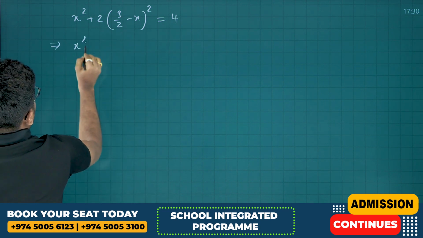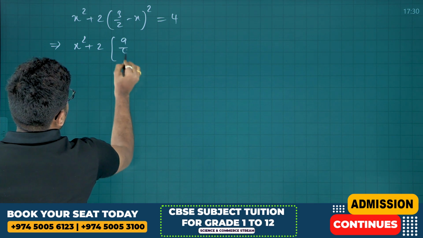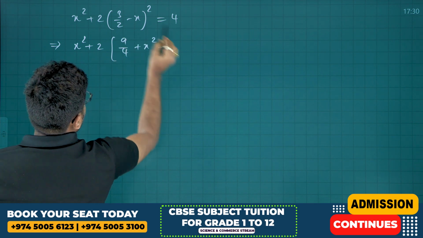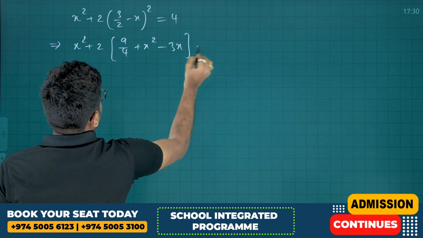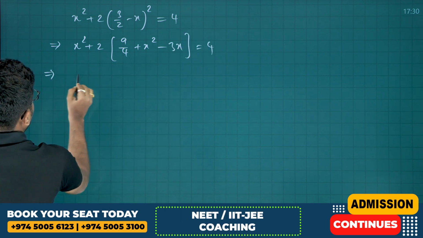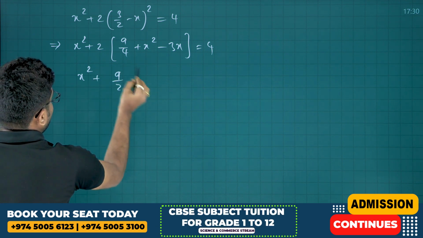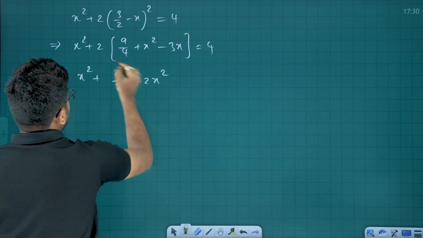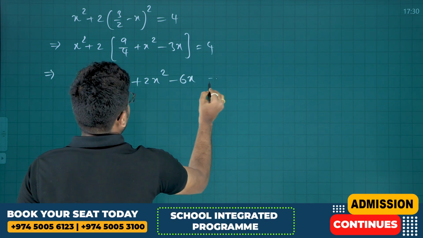Simplify: x square plus 2 times of 9 by 4 plus x square minus 2 into 3 by 2 into x, that is minus 3x, equals 4. So x square plus 9 by 2 plus 2x square minus 6x equals 4.